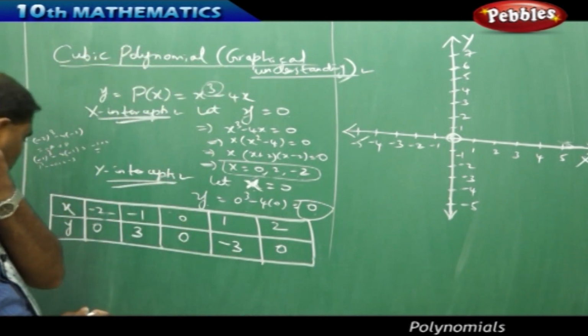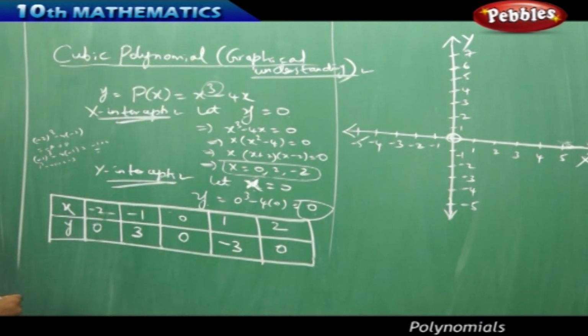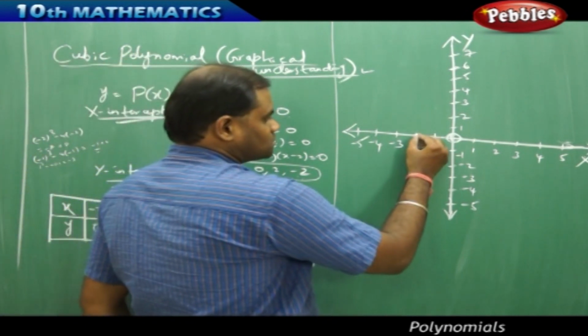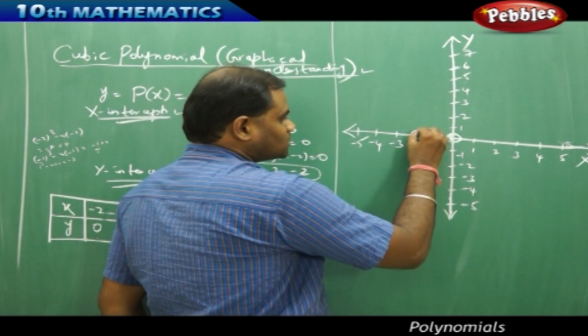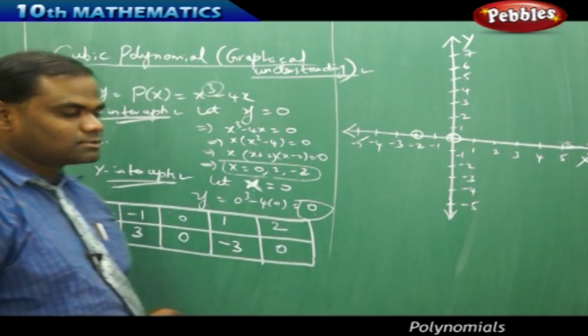Now let me take the first point, minus 2, 0, which I get here as negative 2, 0. So let me plot the first point, which comes at negative 2, 0 on the x-axis.